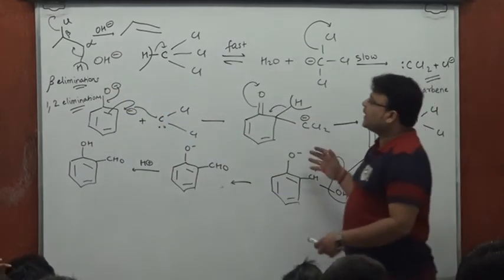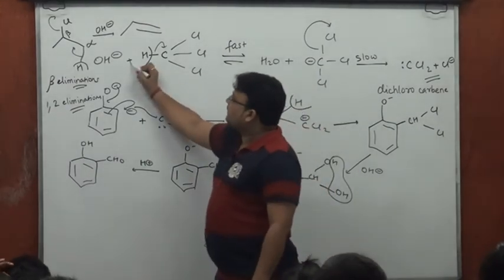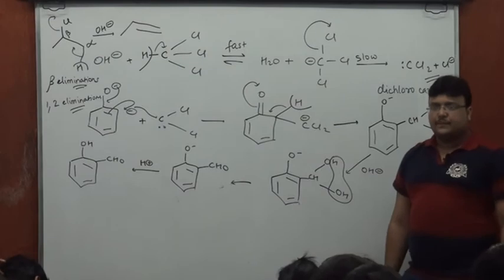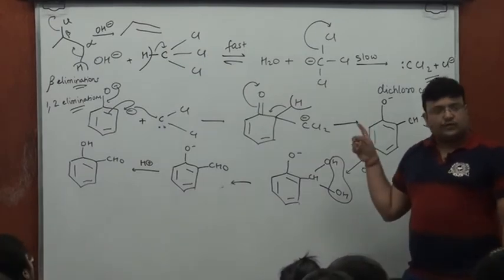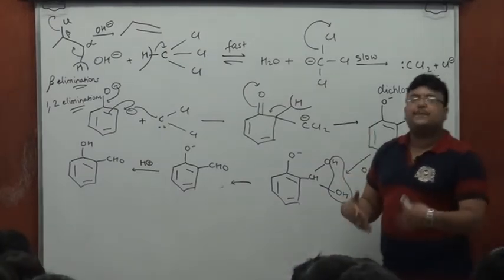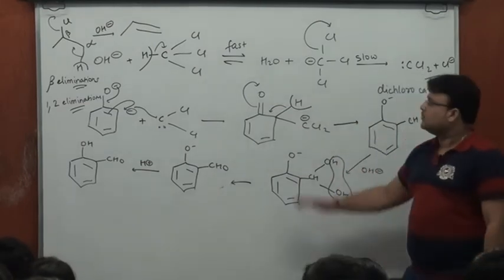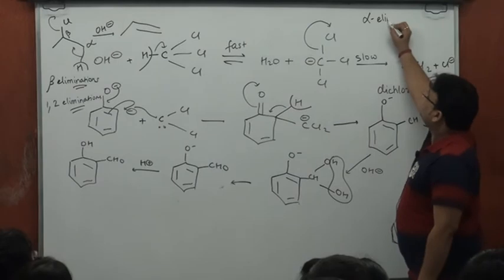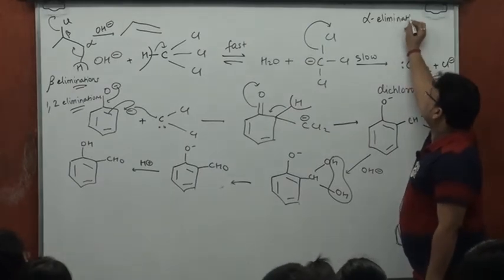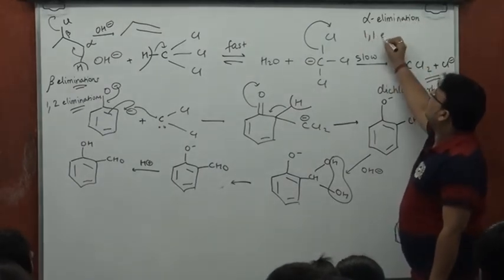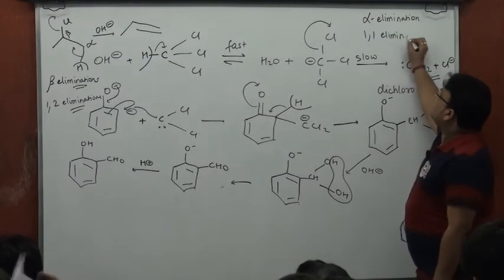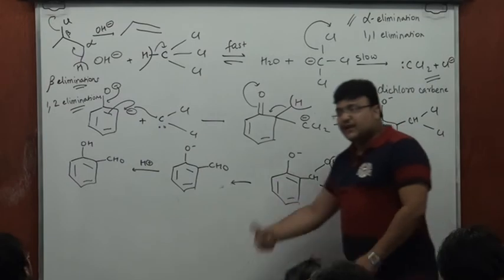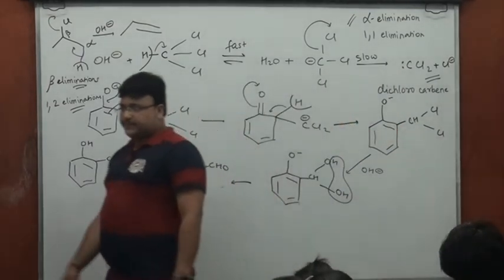Now, as a matter of fact, you look here, alkali or OH minus interacting with chloroform, you will find that hydrogen and chlorine are going from the same carbon atom. So it's supposed to be a kind of alpha elimination, also called 1,1 elimination. So with Reimer-Tiemann, you also associate this phenomenon because it begins with 1,1 elimination over chloroform.